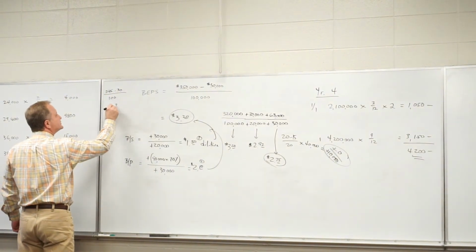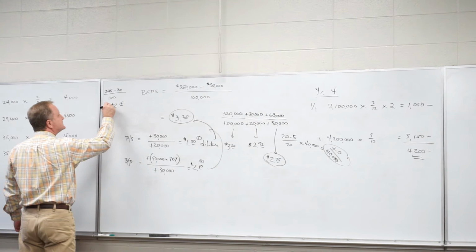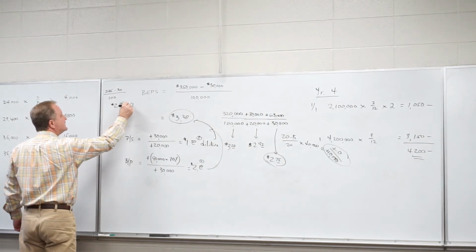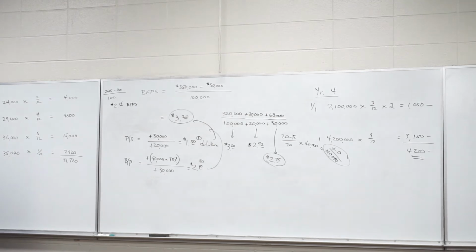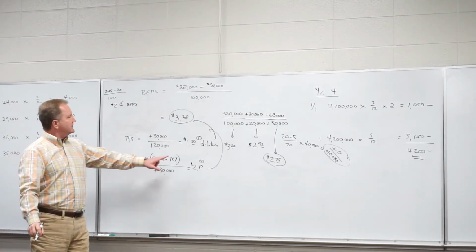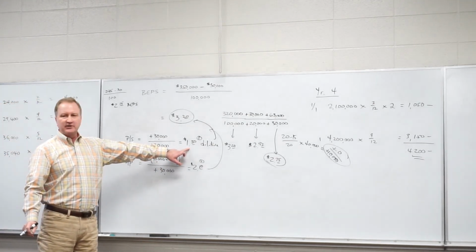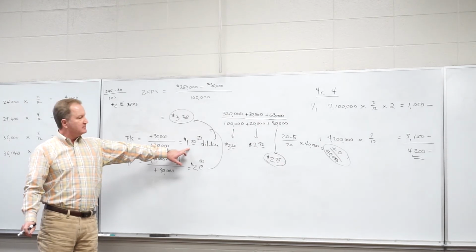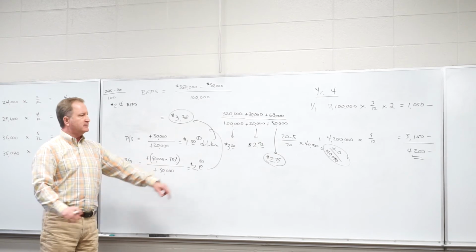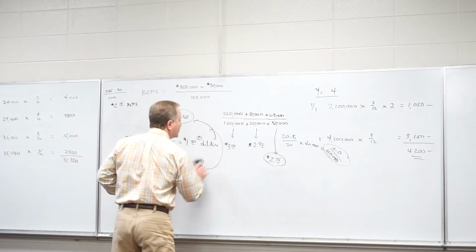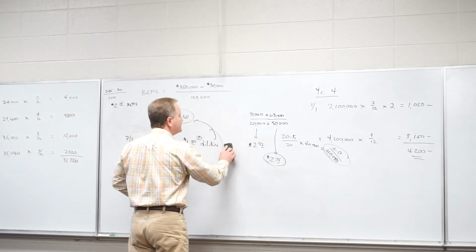So that's $2.15. That's basic EPS, right? Okay. So then when we check, this one would be dilutive, right? And this one would also be dilutive potentially. So watch what we do. We do our calculations again.